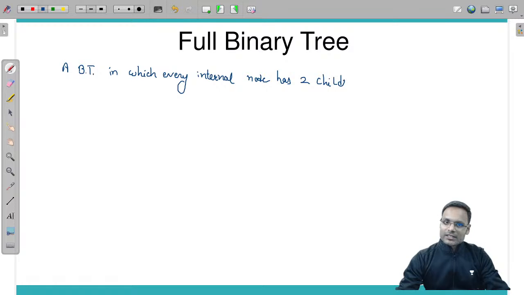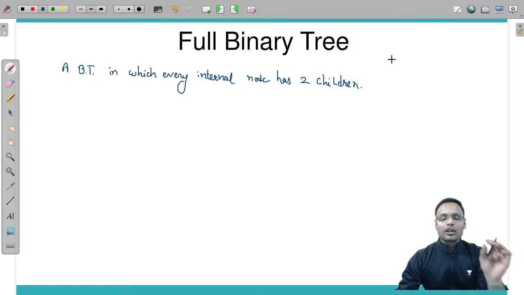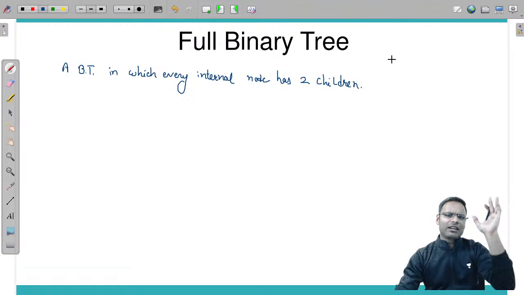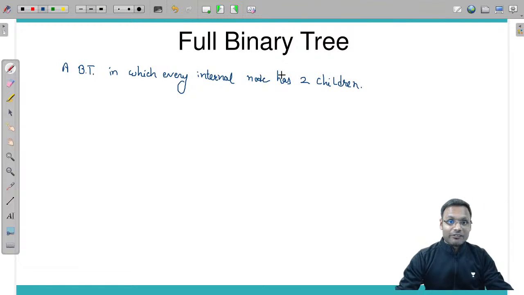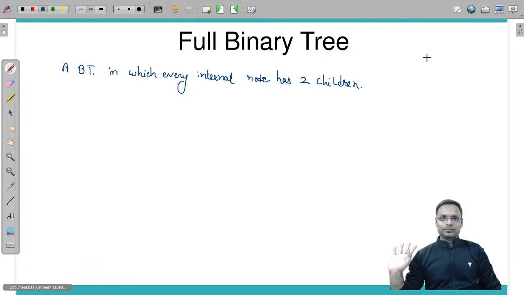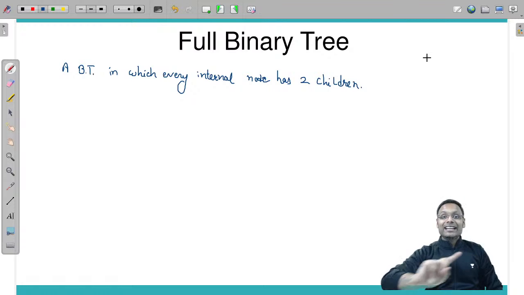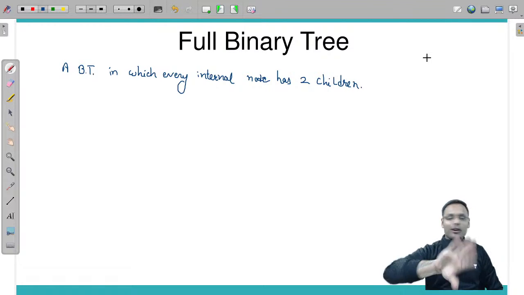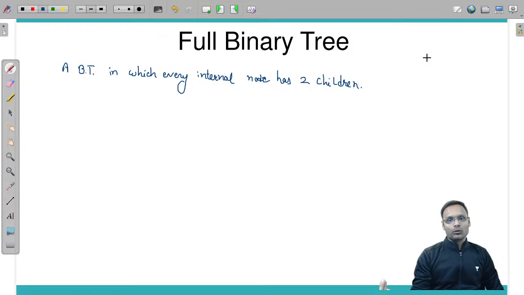Okay, so what is the meaning of internal node? Very simple. Internal node means the node which is having child, so if you have internal node, it is a restriction that internal node should have two children. We will not allow any internal node with one child. So either node will have two children or node will not have any child, leaf node.